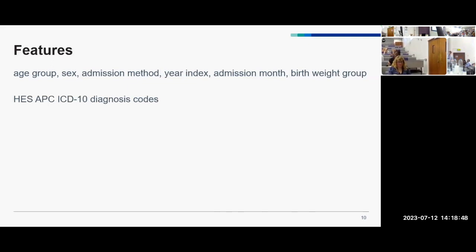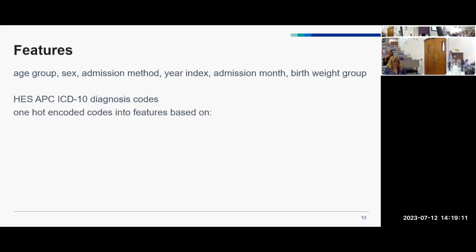That data has about 20 diagnosis columns. Each of these can contain any one of a thousand ICD-10 codes, and they can represent anything from a sore throat to a shark attack bite.